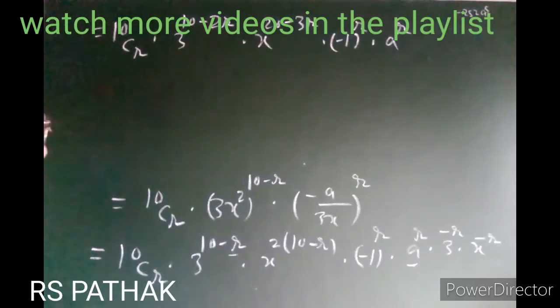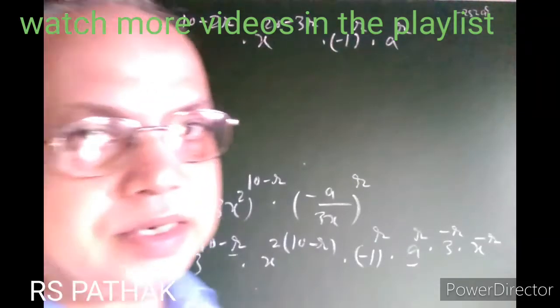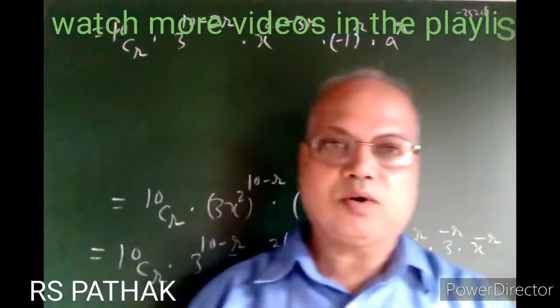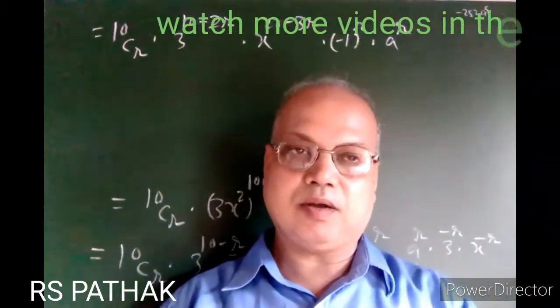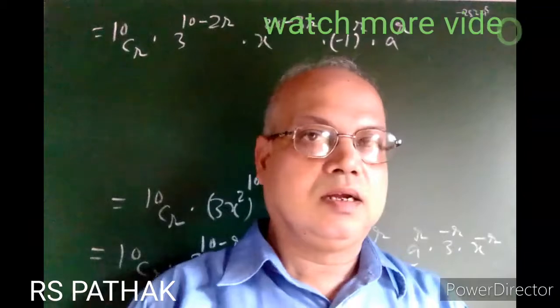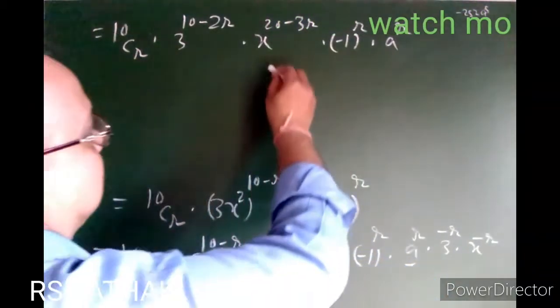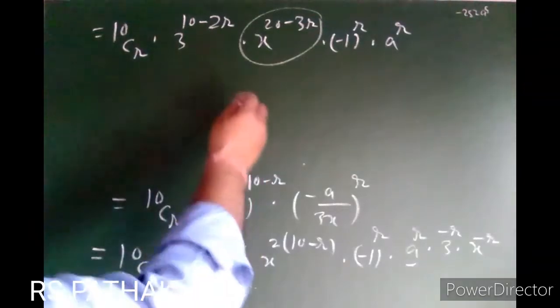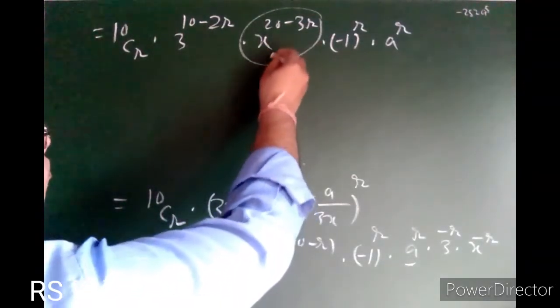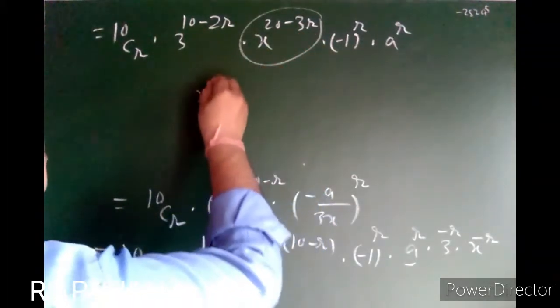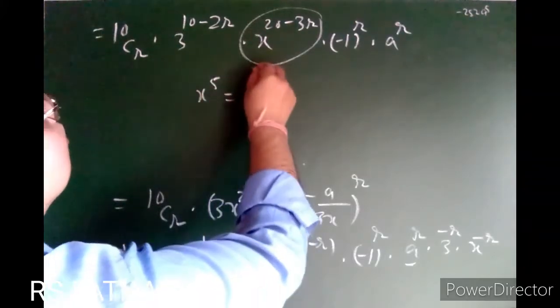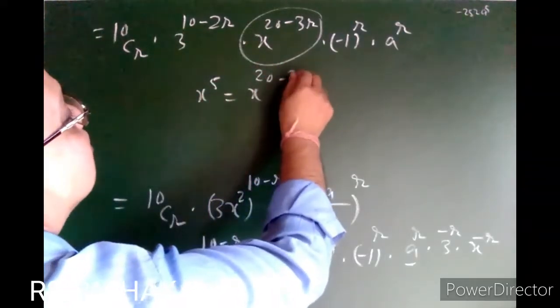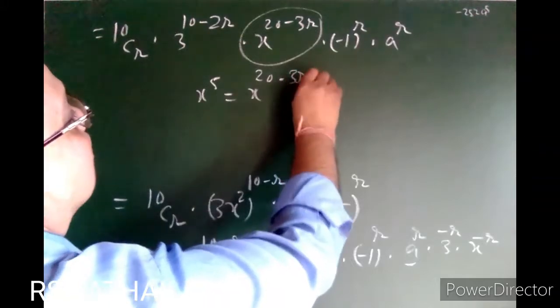Now you have to find the coefficient of x to power 5. Coefficient of x to power 5 meaning that this term x should become equal to x to power 5. Equating x to power 5 equal to x to power 20 minus 3r.